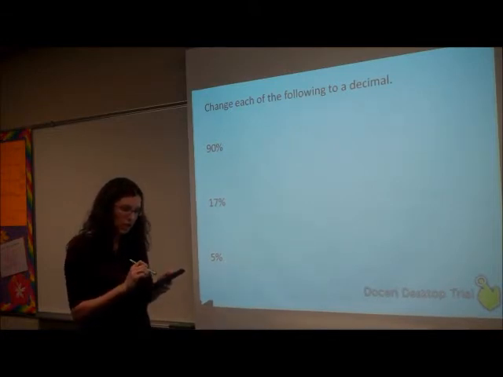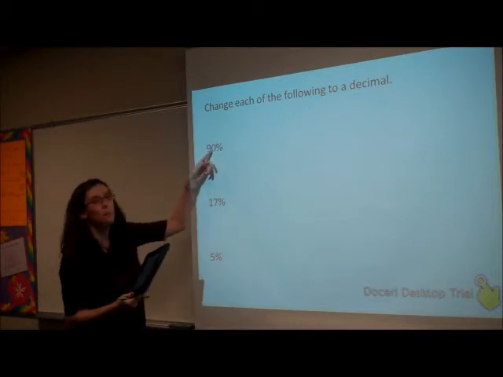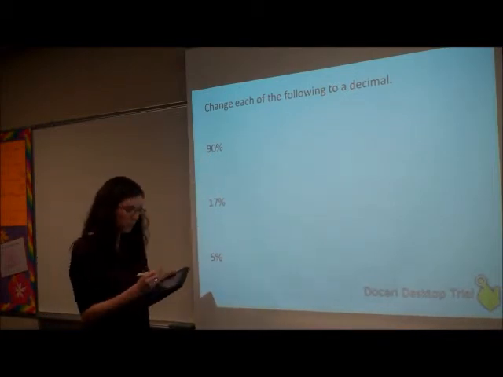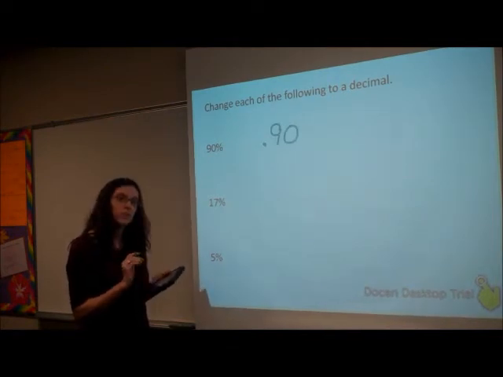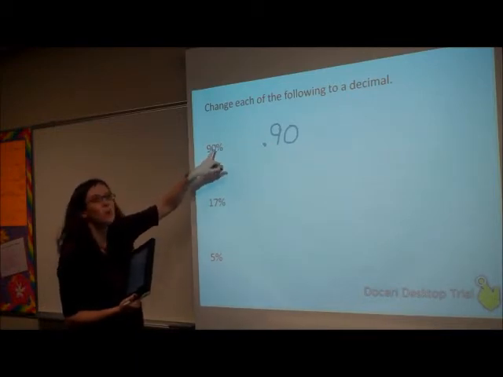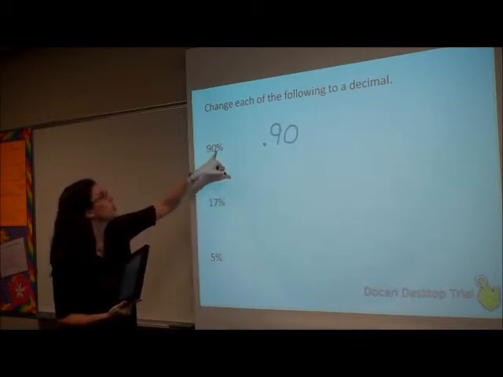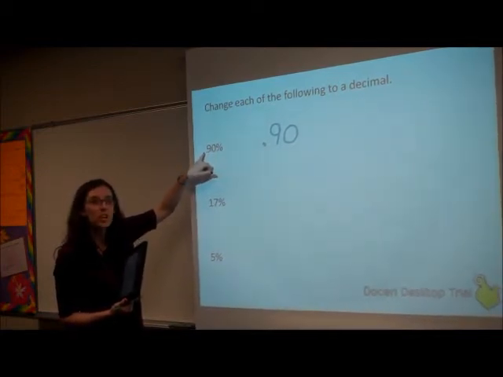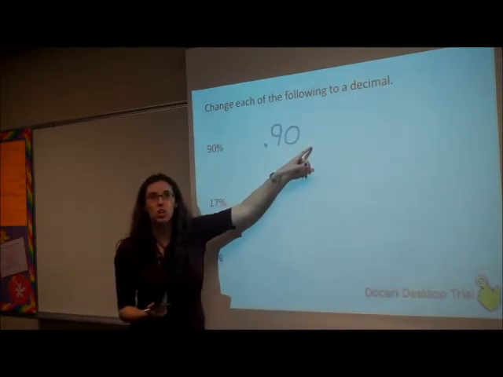So if we divide 90 by 100, you could take 90 divided by 100 on your calculator, and you're going to get 0.90. Notice that with 90, your decimal is after the 0. For dividing by 100, we move the decimal 2 places to the left, so you'll get 0.90.